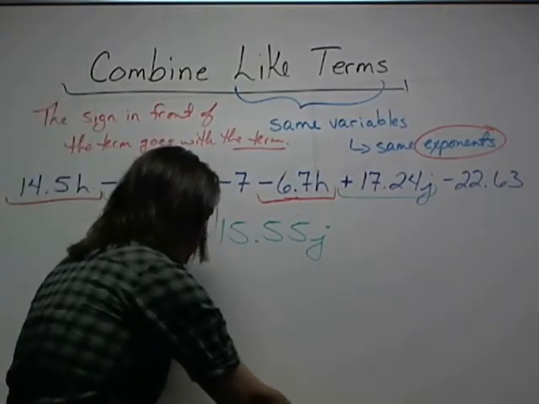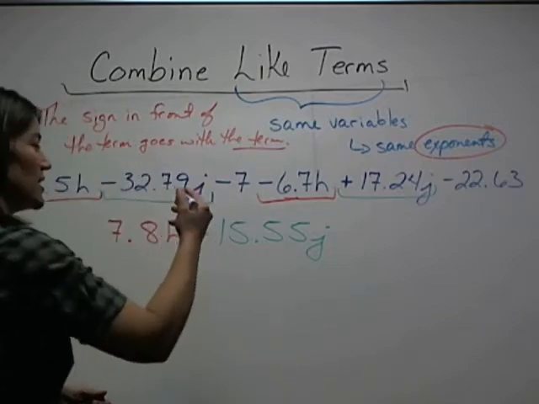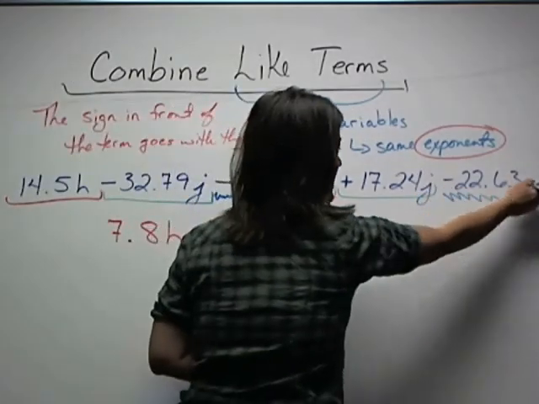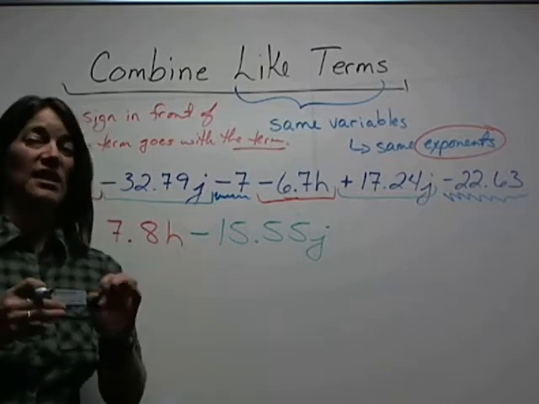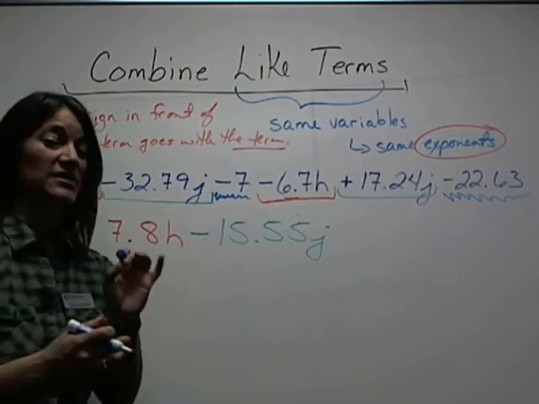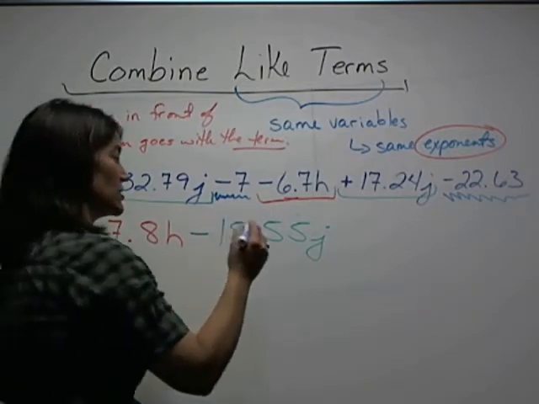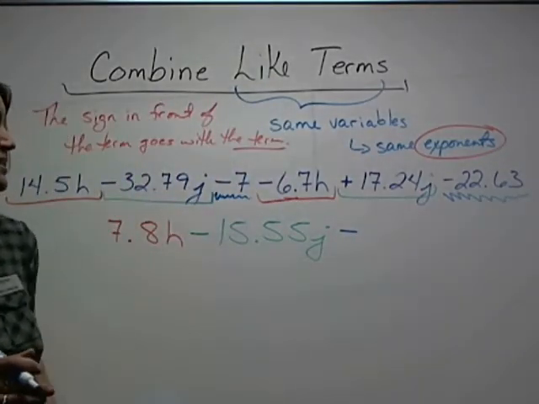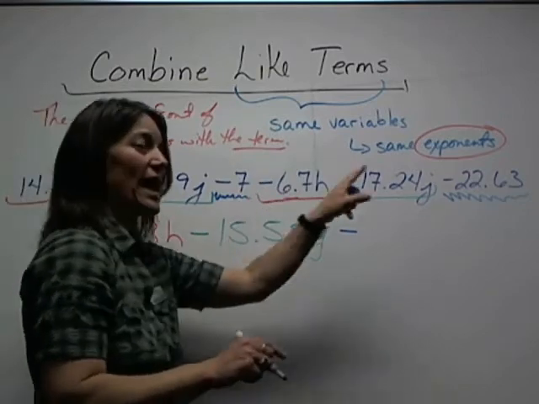And then finally, we look for all the constant values. Those are the ones without the variable. And here we have a negative 7, and at the end we have a negative 22.63. Both of these have the same sign. They're both negative. When we're adding two numbers that have the same sign, you add the numbers and keep the sign. So this is still going to be negative, so I'm going to put that right in. And now I have to deal with 7 and 22.63. Remember, we're adding.